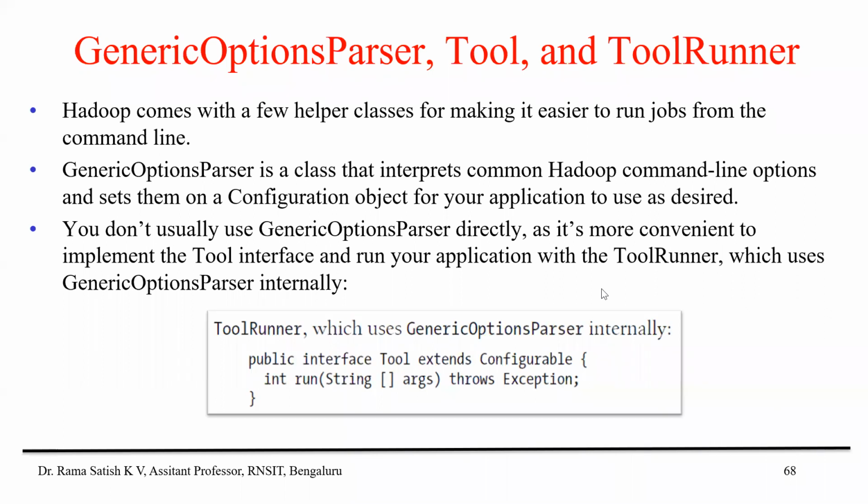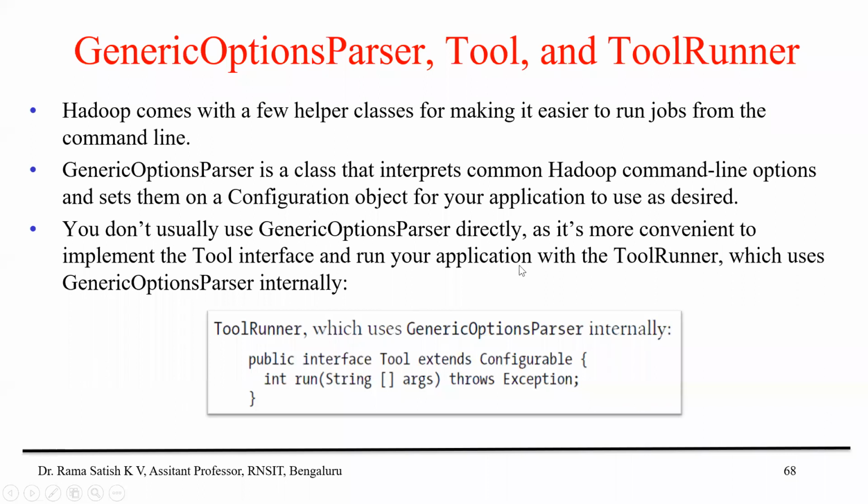Here is a small example you can see. Normally, the general format is ToolRunner, which uses the generic parser, and it is actually a Tool interface that extends the Configurable class.